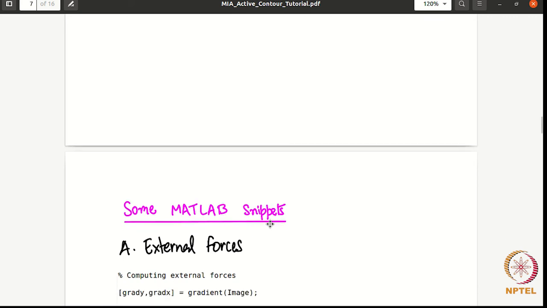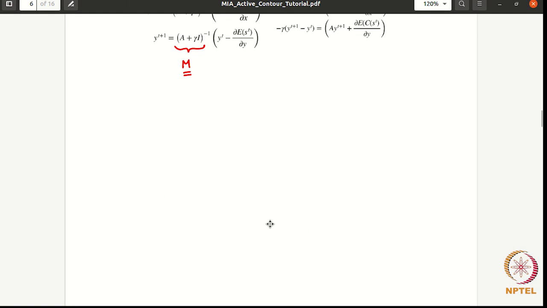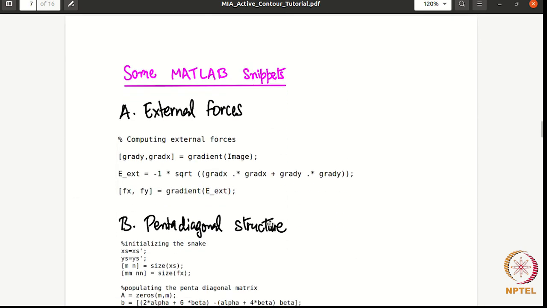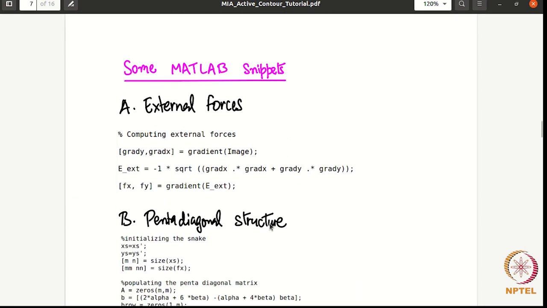Okay, so now this is the basic snake algorithm that you will find at various places online. There are many advanced versions of snakes, but we are not going to discuss them here. In fact, in the MATLAB code that we will give to you, the code has some additional forces as well, for example, balloon forces as well as the gradient vector field forces.